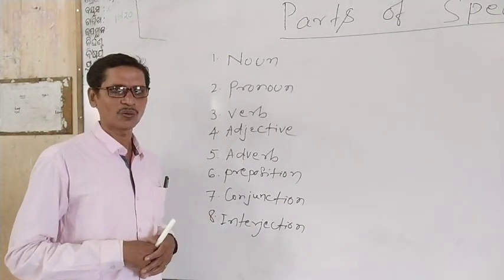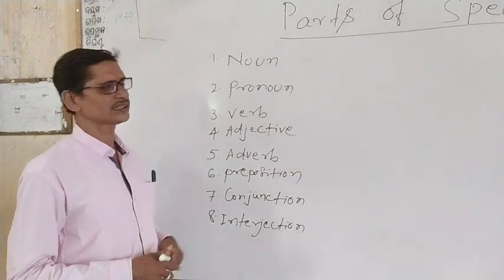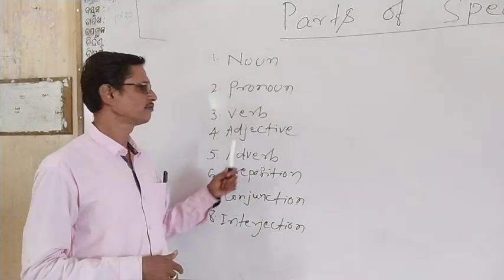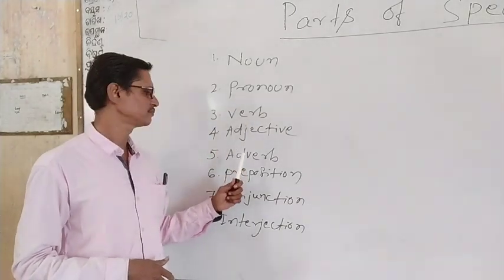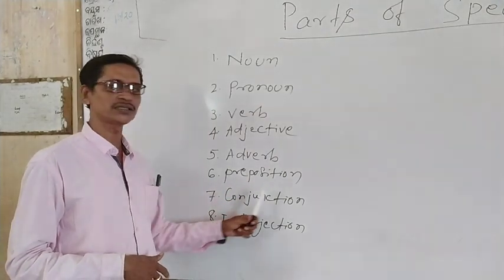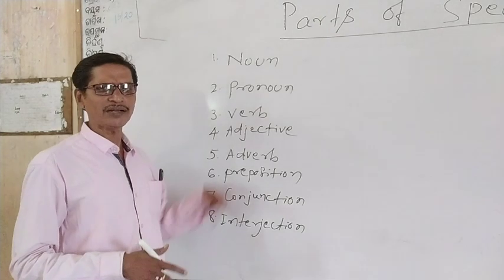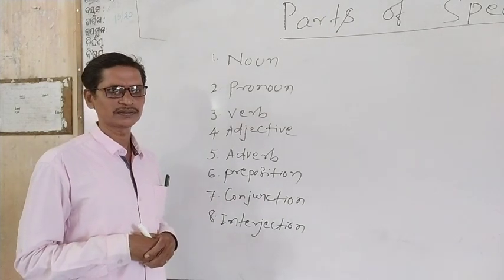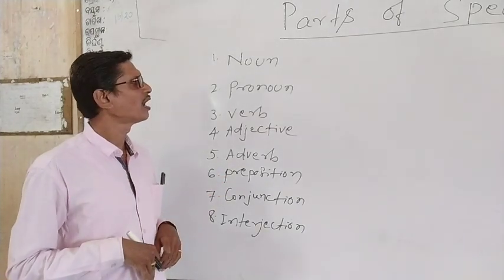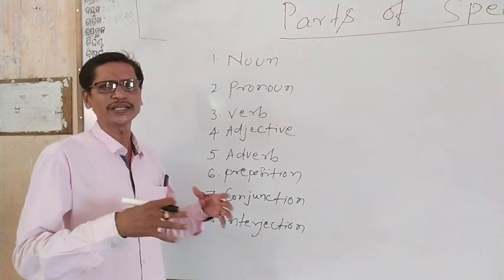Using them, we make speech. Such as noun, pronoun, verb, adjective, adverb, preposition, conjunction, interjection. These are very important parts. Okay? So, let's understand what they are and how we use them.